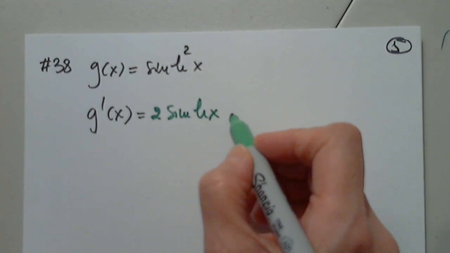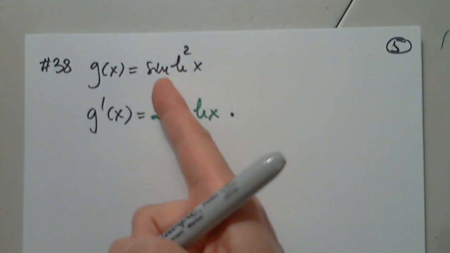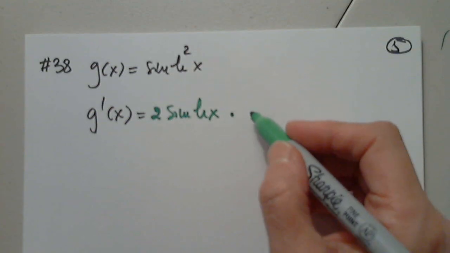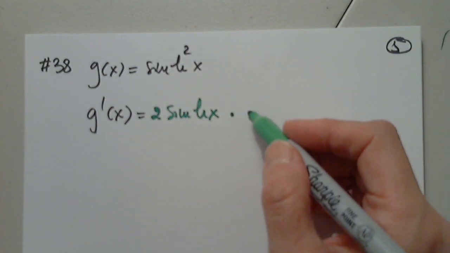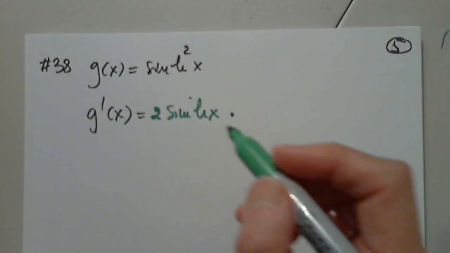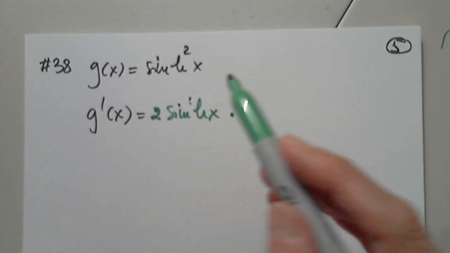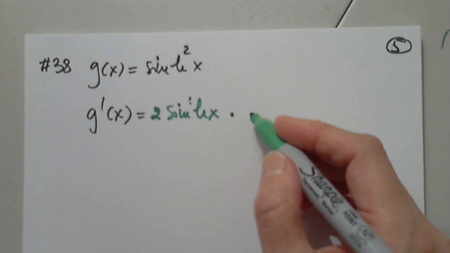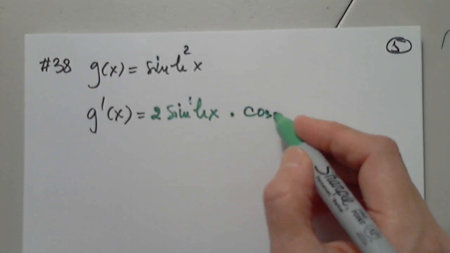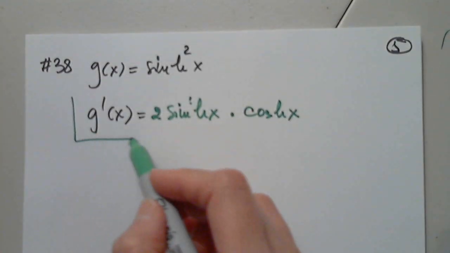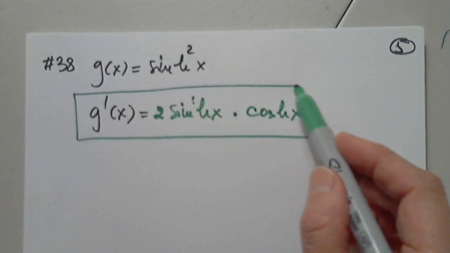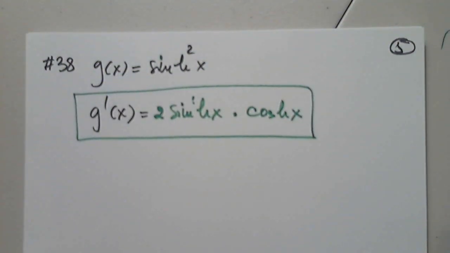Hyperbolic sine to the power 2 minus 1, but it's power 1, times the inner function prime, which is? We do not go back to e.